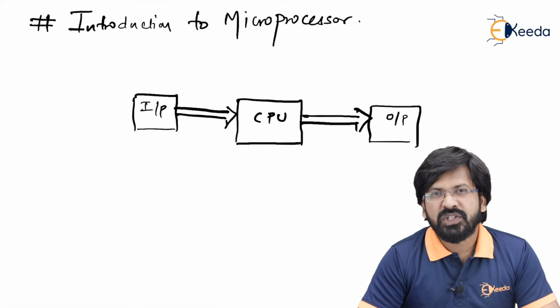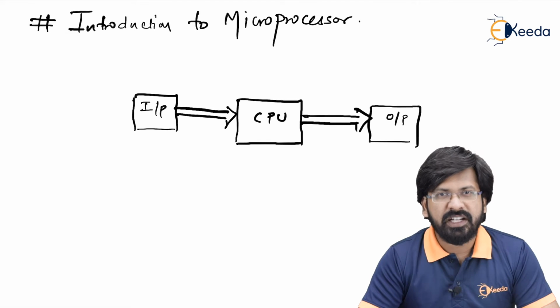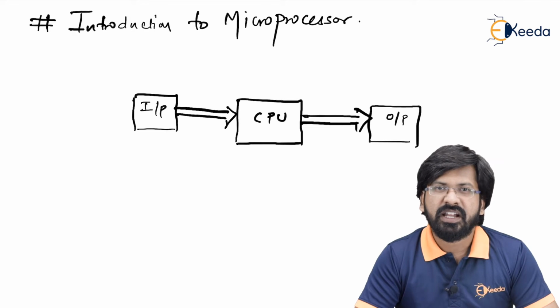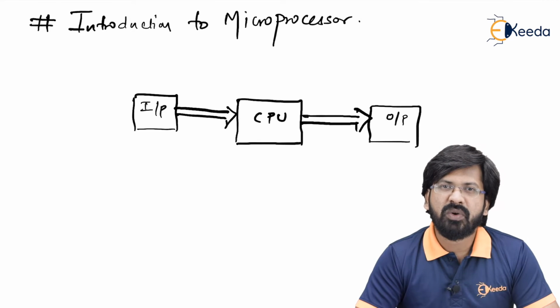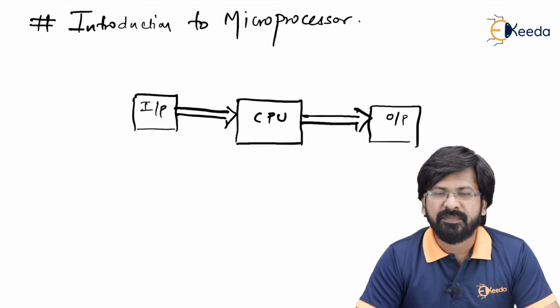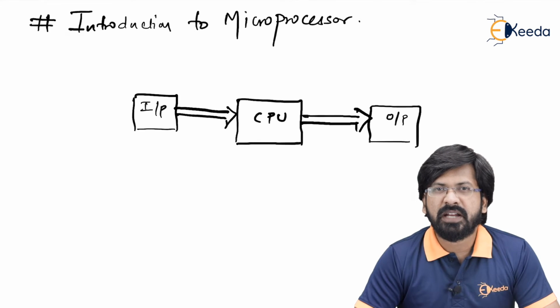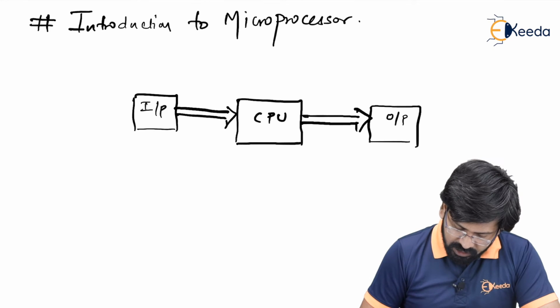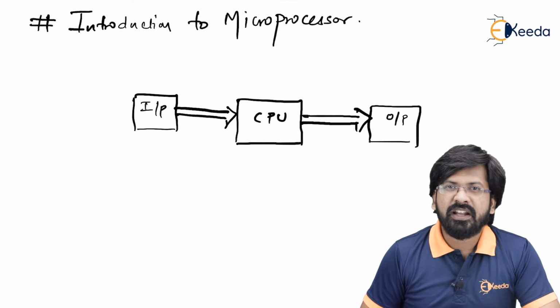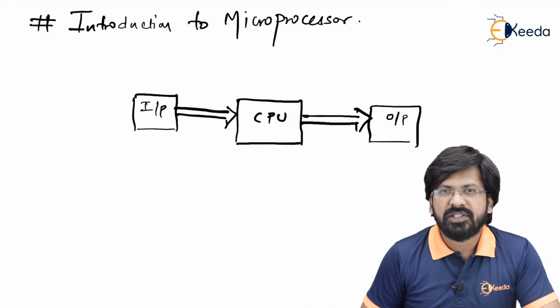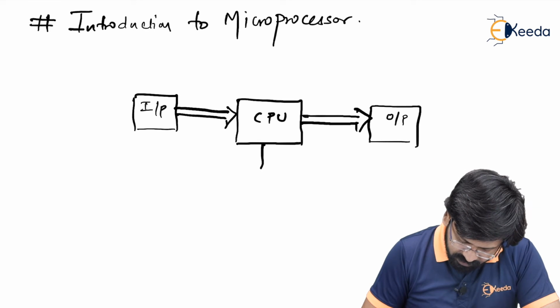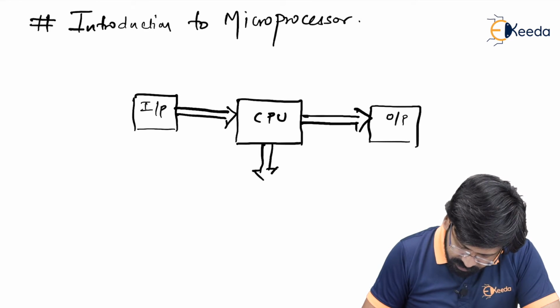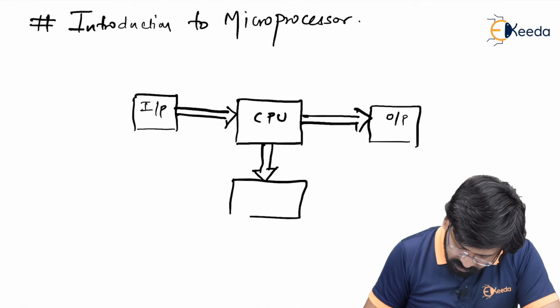But then computer is not only about giving the data, getting it processed and then seeing at output devices, it is also about storing this processed information. This processed information can be completely processed or it can be partially processed. You may require the same data again and again, and to do so you require some memory. So what this CPU does, it may store this information into a memory.